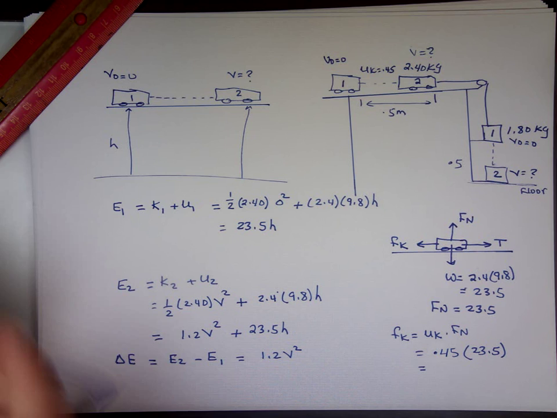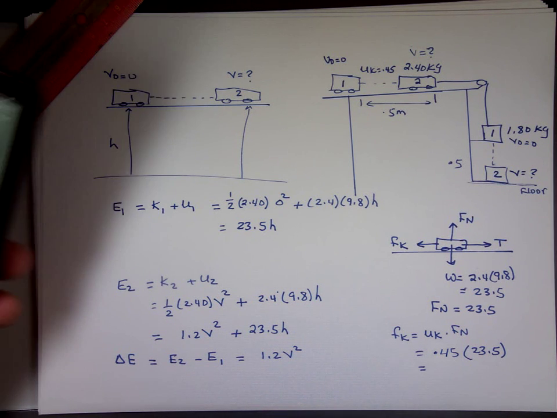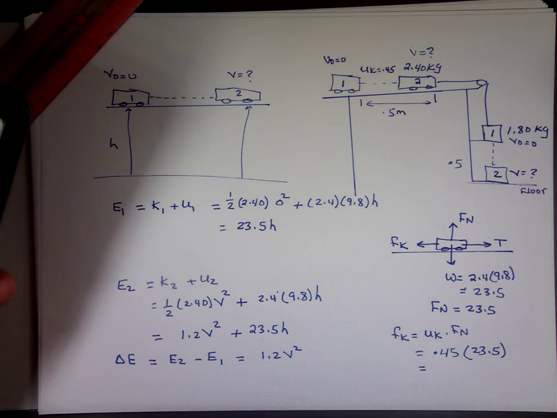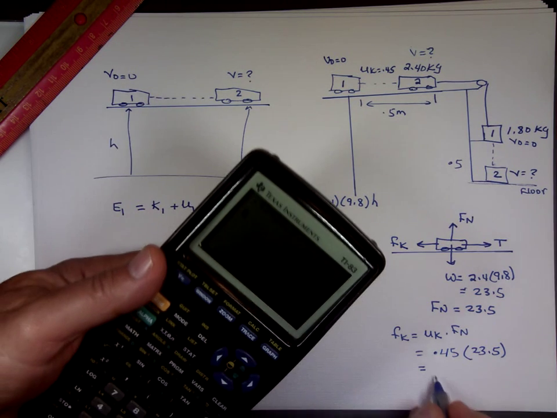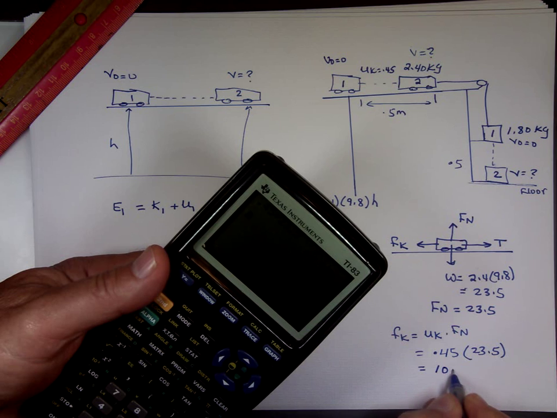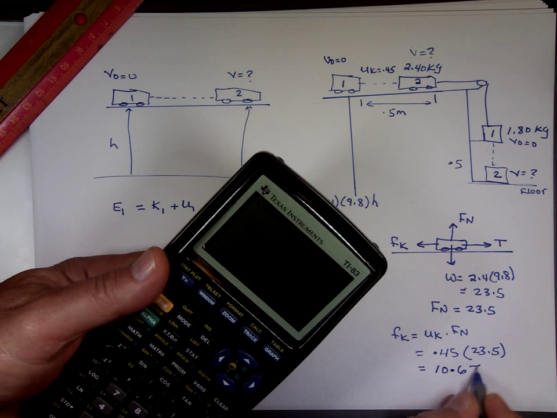So 0.45 times 23.5 is roughly 10.6. That's the force in newtons.